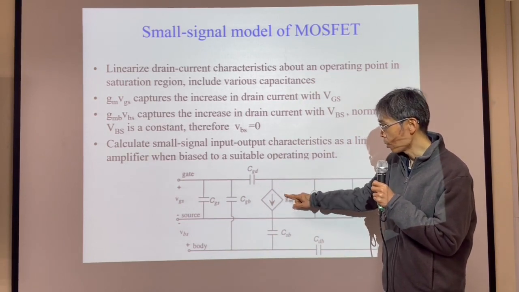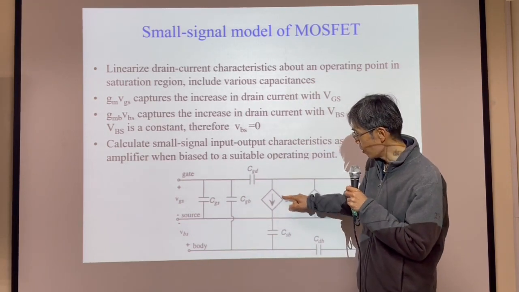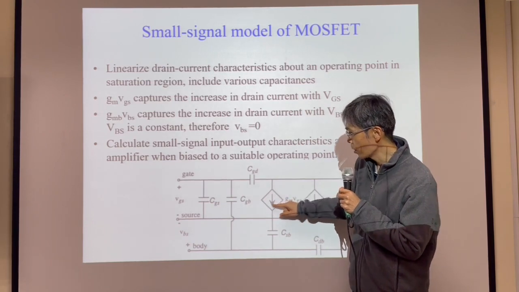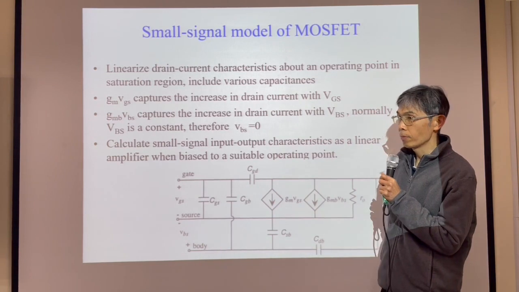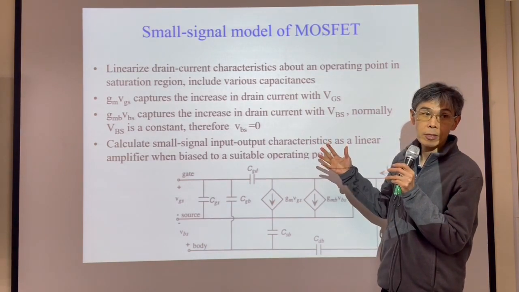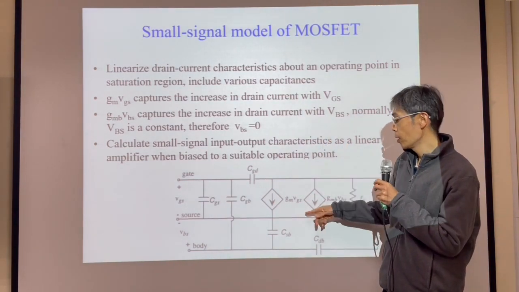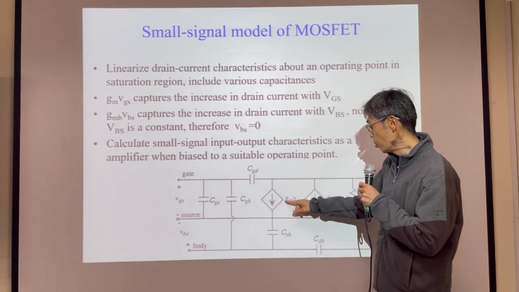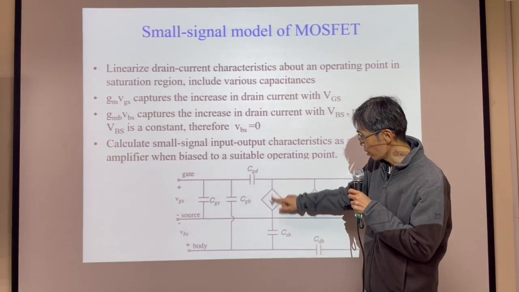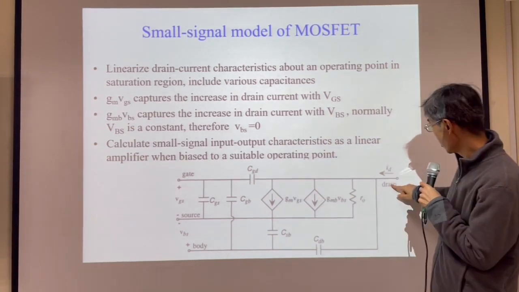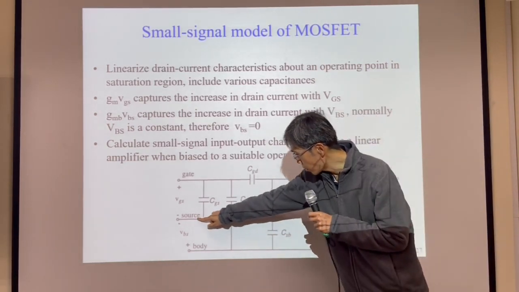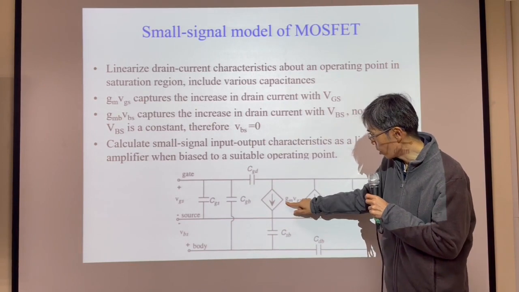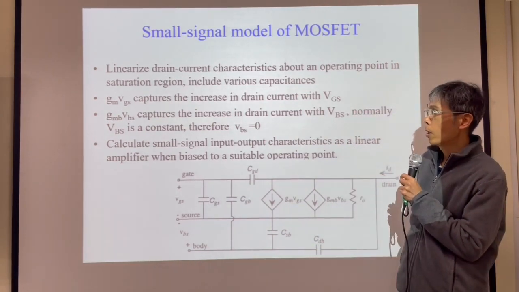We use this model: a current source controlled by this VGS value, and gm is the proportional constant. So gm VGS is the current that goes from the drain to the source.